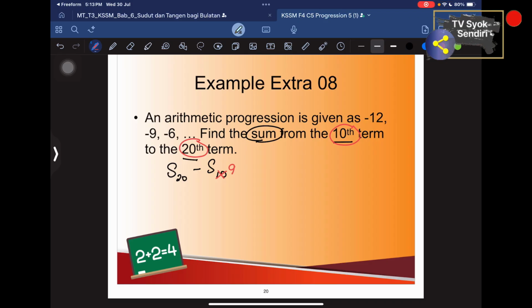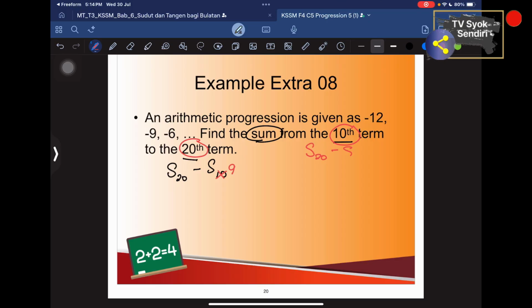Some of you are puzzled. What is the difference between them? If you use S20 minus S10, S10 means from the first term until the 10th term. So the leftover is from the 11th term, T11, until T20.